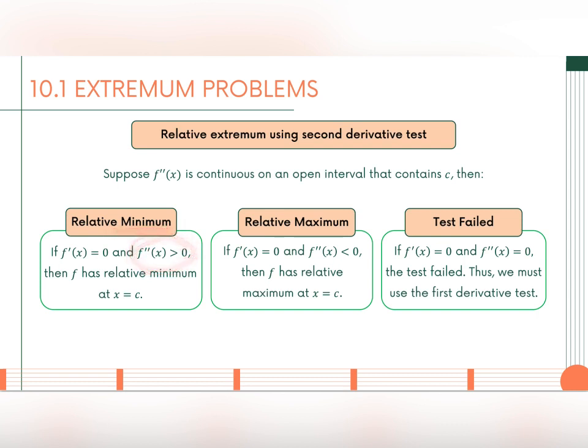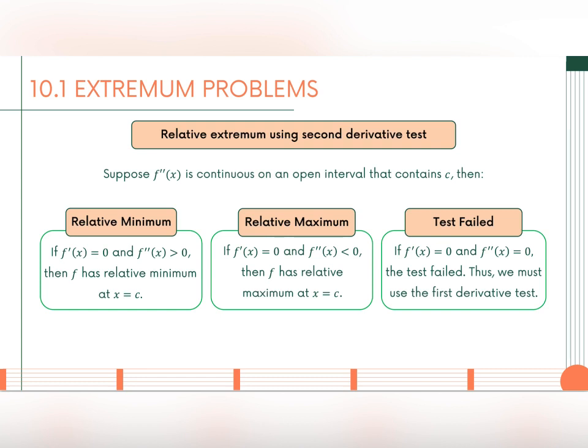Okay, so kita akan dapat pula maximum point apabila second derivative kita less than 0. Manakala, kalau kita dapat f double prime x is equals to 0, our second derivative test is fail. So, kalau fail, kita akan refer kepada first derivative test semula.